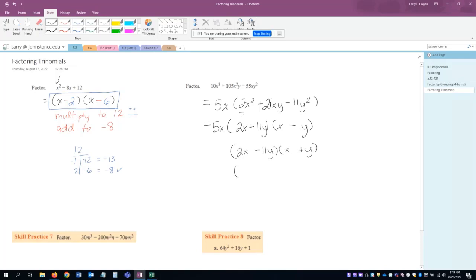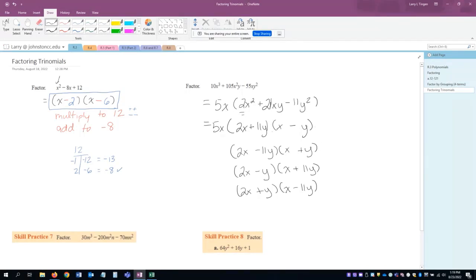And because my leading coefficient's not 1, I have to respect that I could have the y and the 11y in the wrong place. Plus 11y or plus y minus 11y. So which one of these gives me what I started with?